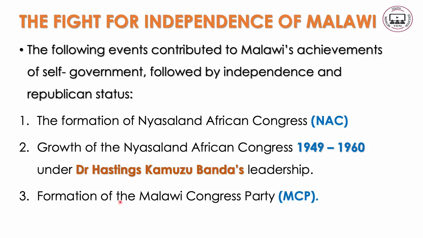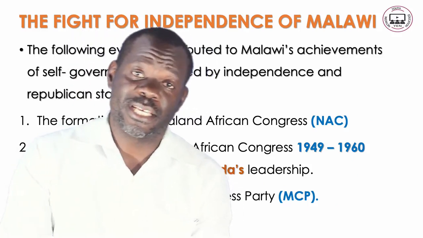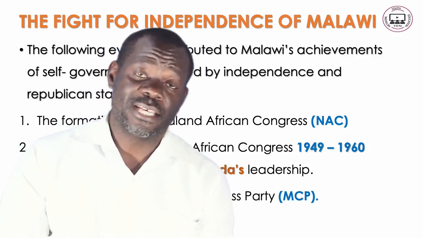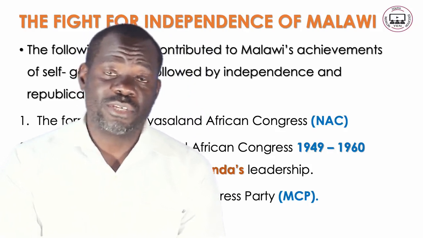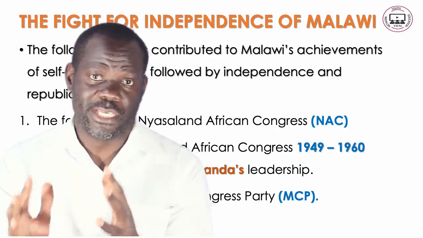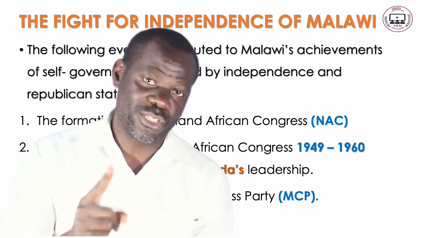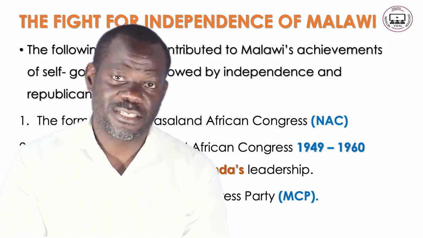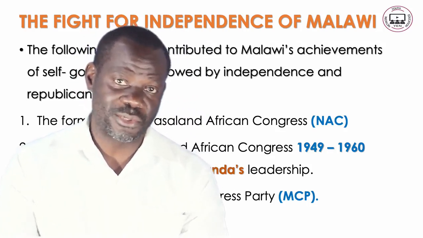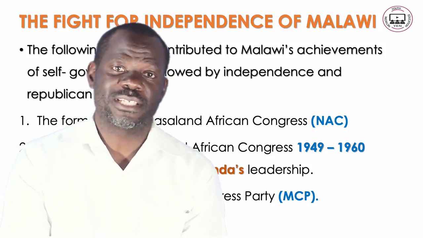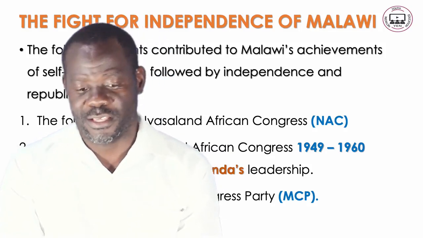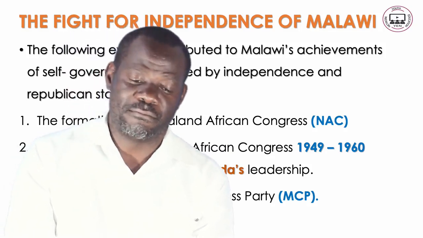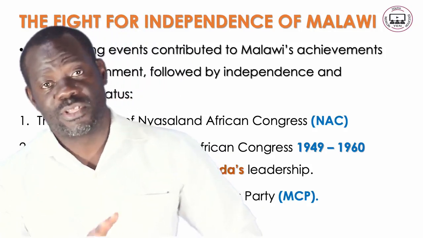Then we're going to look at the formation of the Malawi Congress Party. So these are the three areas that we're going to look at as stages on which Malawi traveled to gain its independence: the formation of the Nyasaland African Congress, the growth of the Nyasaland African Congress, and the formation of the Malawi Congress Party. So these are the issues.